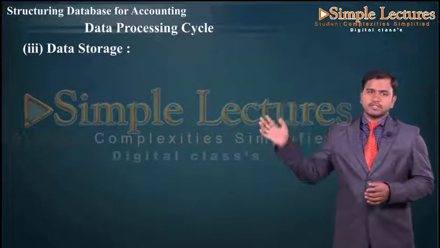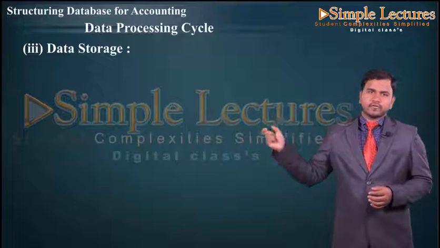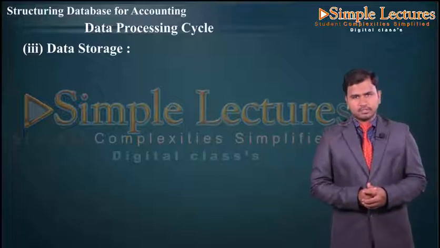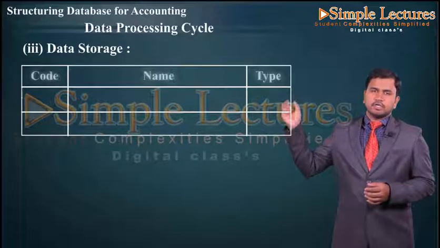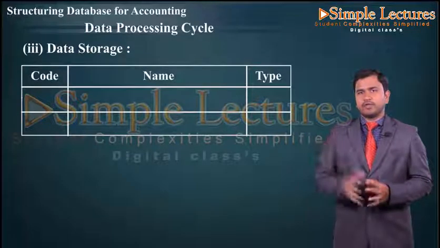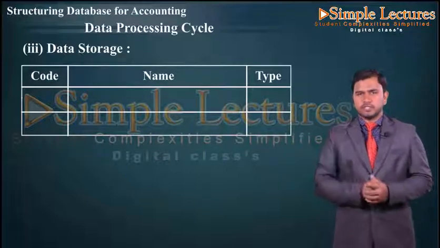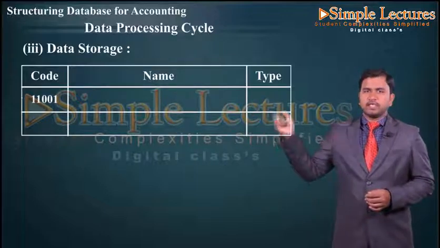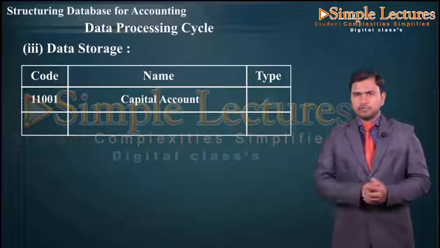So let us have an example where we will be recording the capital account as well as the purchase account from the previous example which was discussed. In the blank record we will have code, name and type. Let us record the code considered in the example, which was 11001, the name of the account was capital account, and the type will be 4.